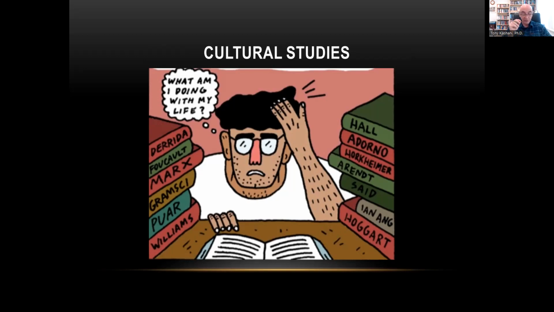We also have to look at text and context when we are applying cultural studies to our way of understanding the world. Cultural studies scholars focus on both the text, the cultural artifact itself, and the context in which it is produced and consumed. This approach allows for a nuanced understanding of the complex interactions between cultural products and the social world.